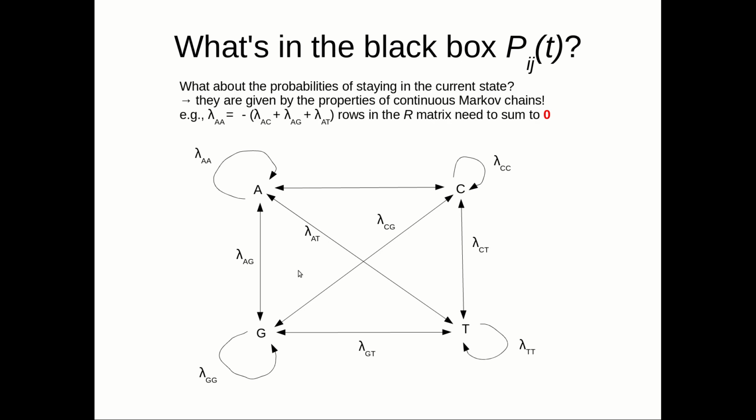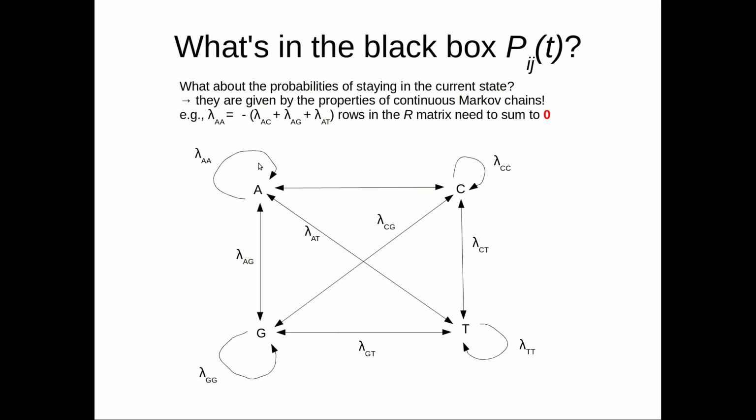So what about the probabilities of staying in the current state? We don't actually need to care about them because they are given by the properties of continuous Markov chains. Remember that the rows in this rate matrix for time dt need to sum to 0, because for the transition probability matrix P, the rows need to sum to 1. Here those rates need to sum to 0.